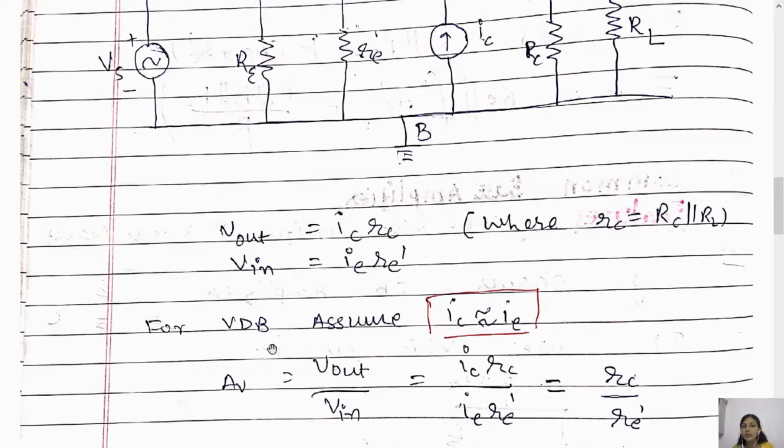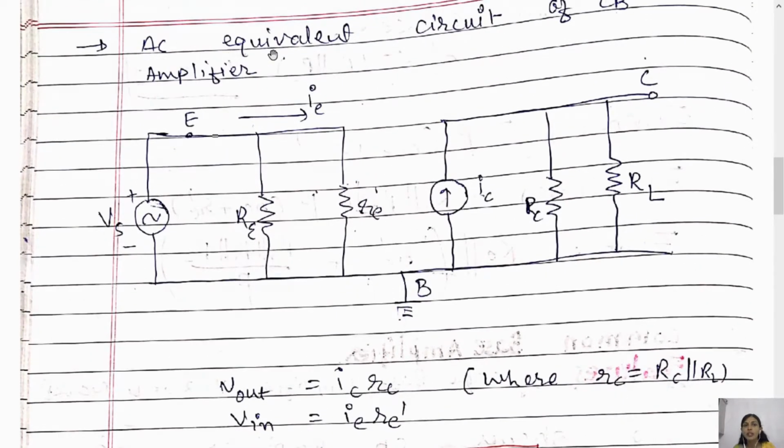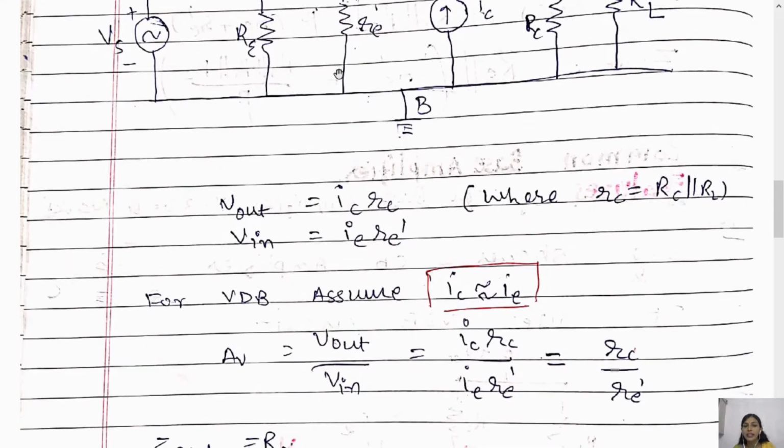Now for the VDB circuit we have assumed IC equal to IE, so just replace IC with IE. Both currents cancel out, and the final answer is rc upon re dash. What is rc? The AC collector resistance, because it is written in small letters, so it is not the DC resistance; it is only the AC model resistance.